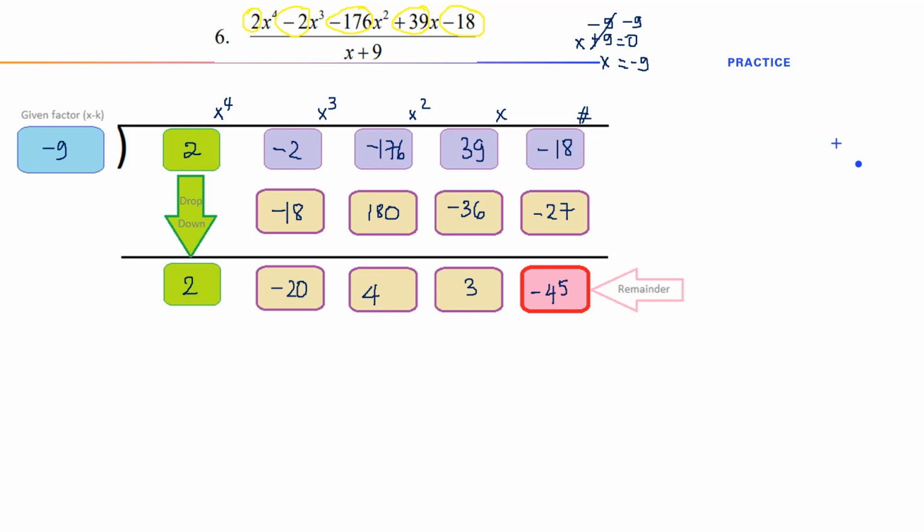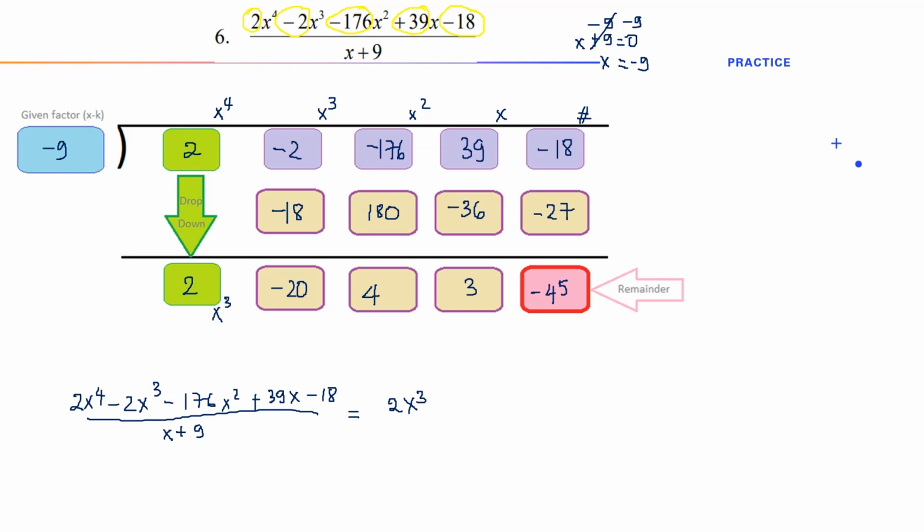Now we rewrite it. 2x to the 4 minus 2x cubed minus 176x squared plus 39x minus 18 all over x plus 9, that's equal to 2x cubed.